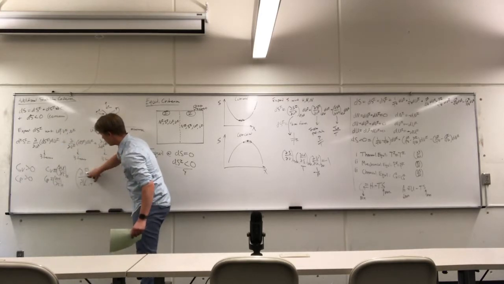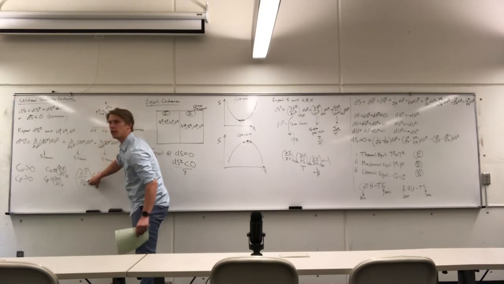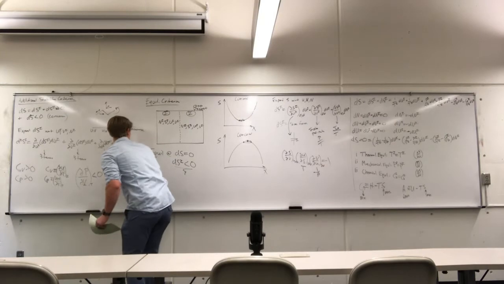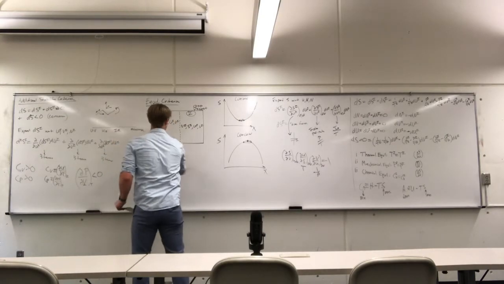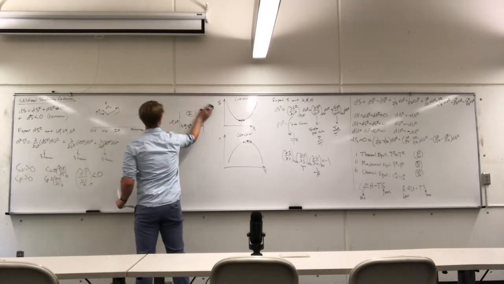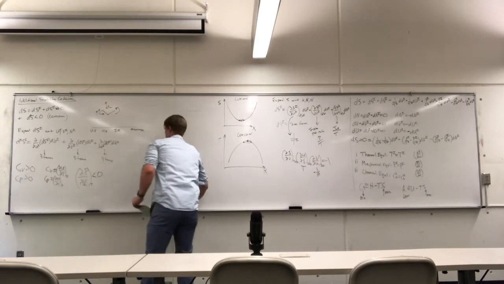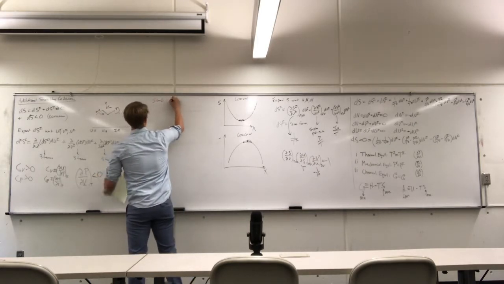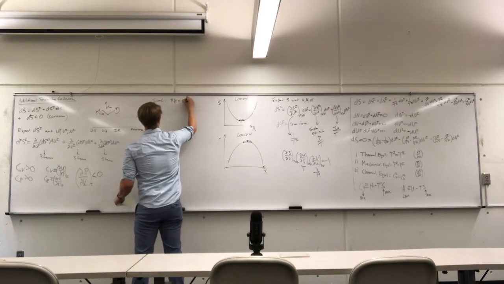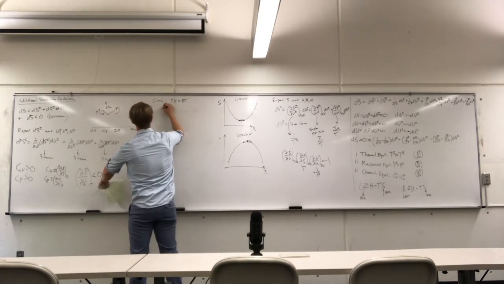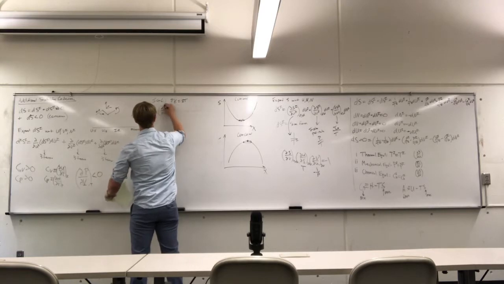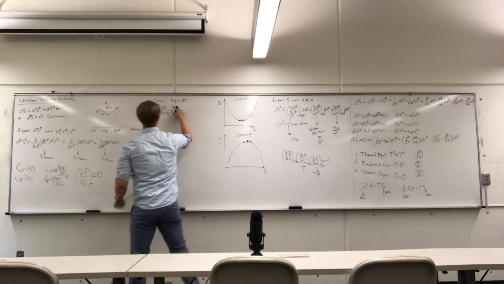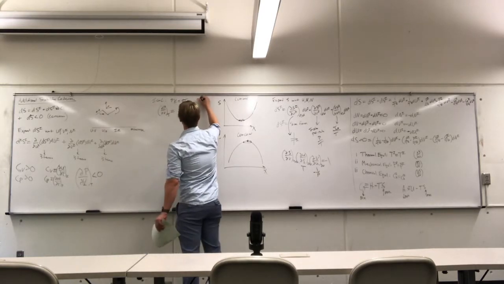So if I look at the change in pressure with respect to the change in volume, it always has to be a negative slope. So let's take a moment and talk about this. If I take the ideal gas law and calculate the change in pressure with respect to the change in volume at a constant temperature, I always have to rewrite this here.